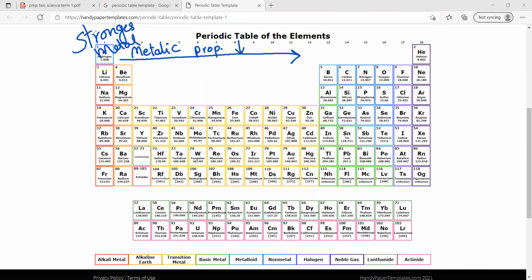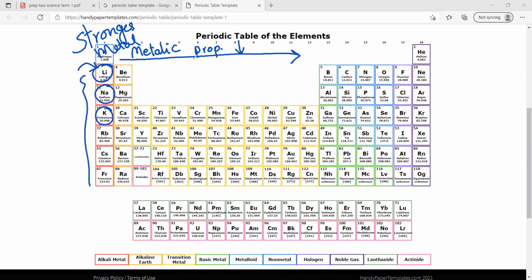Hydrogen is not, it's a non-metal. So this red group is the strongest metal. In the exam, whatever the period is, you check the first element that the period starts with. This is the strongest metal. So lithium is the strongest metal in period 2, sodium in period 3, potassium in period 4, and so on.